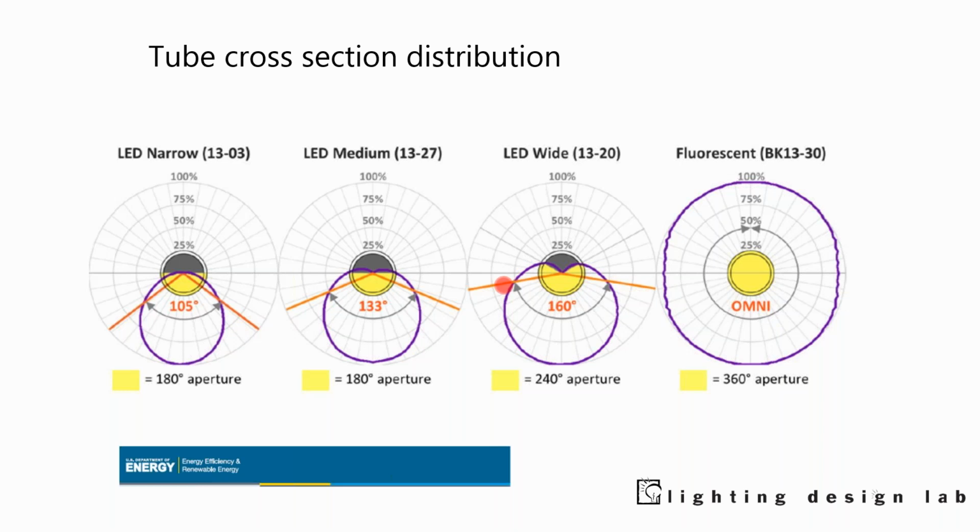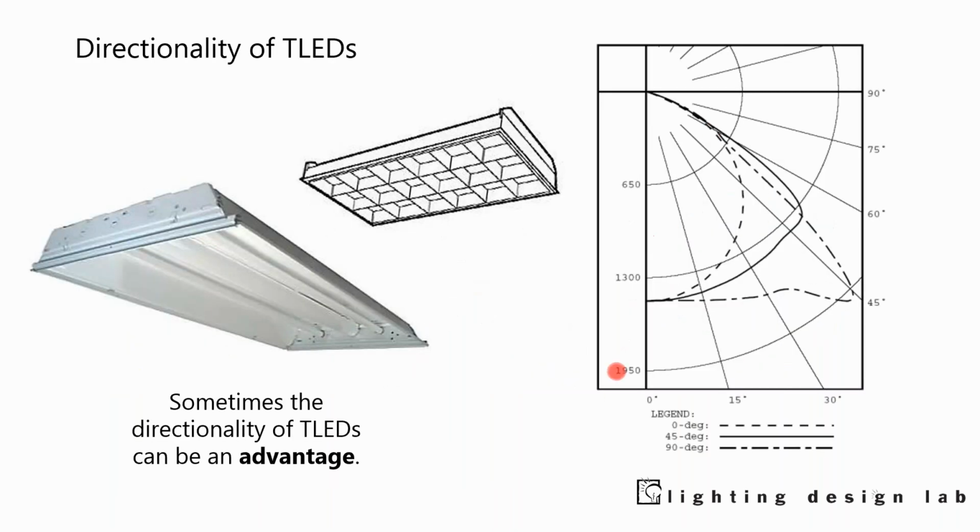Why do we care? Well, in some cases, it actually might not hurt us. It might help the situation to have that directionality. If it's a recessed fixture and we're trying to push light out in one direction, we don't really care if it goes up the back. Now, bear in mind, it can affect the appearance of the fixture, even with a lens on it. We see some patterning that's different just because it's not omnidirectional.